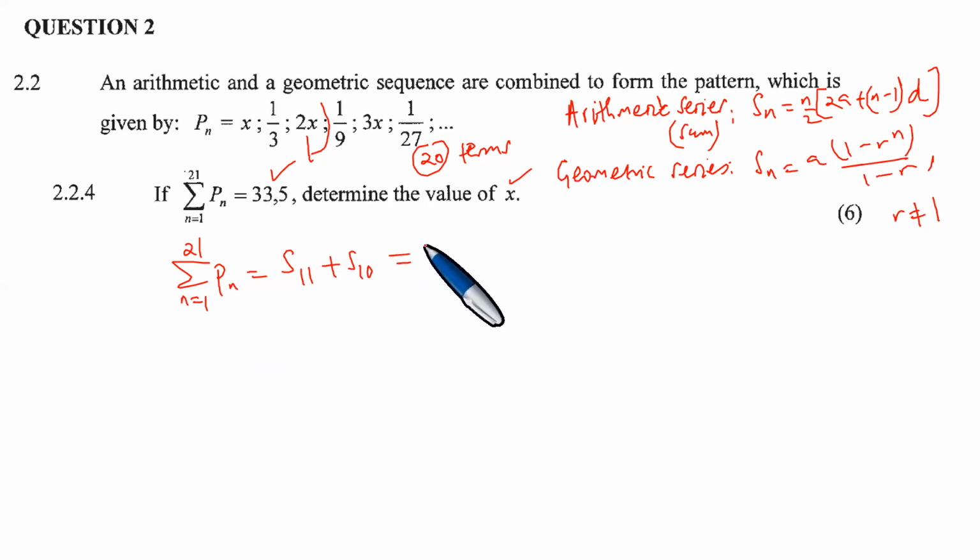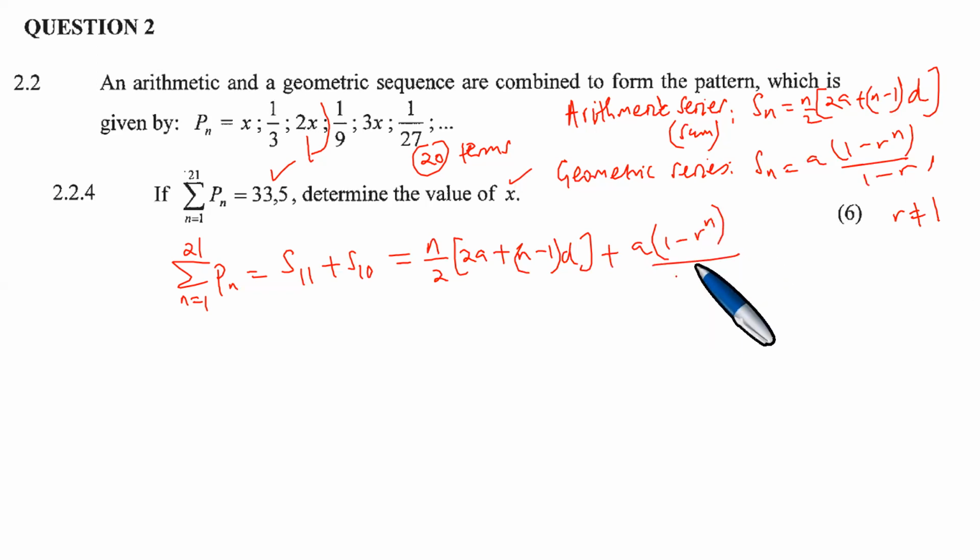So this one is the formula for the arithmetic. It's exactly n over 2 into twice a plus n minus 1 into d, plus a into 1 minus r to the power n divided by 1 minus r. So the arithmetic ones will be odd.